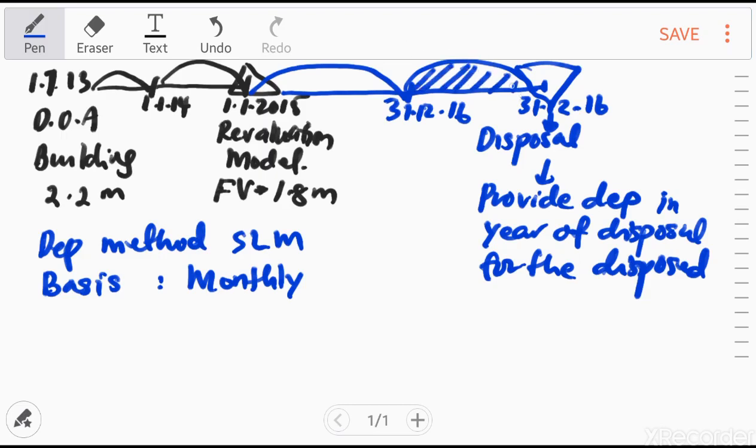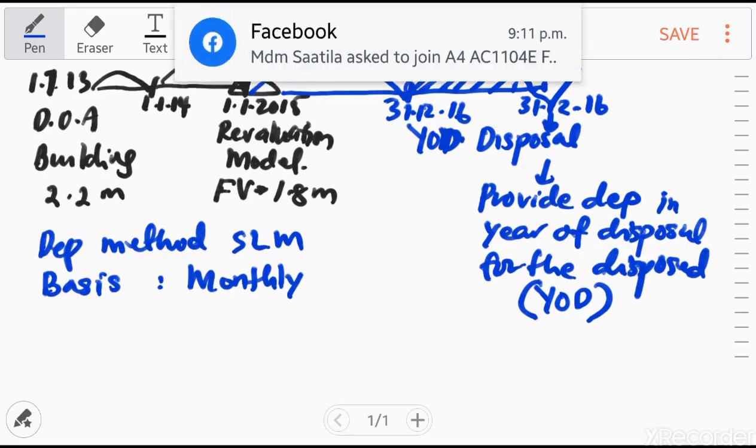We call it year of disposal. I put here YOD. So this one is YOD, the one that I have already highlighted.